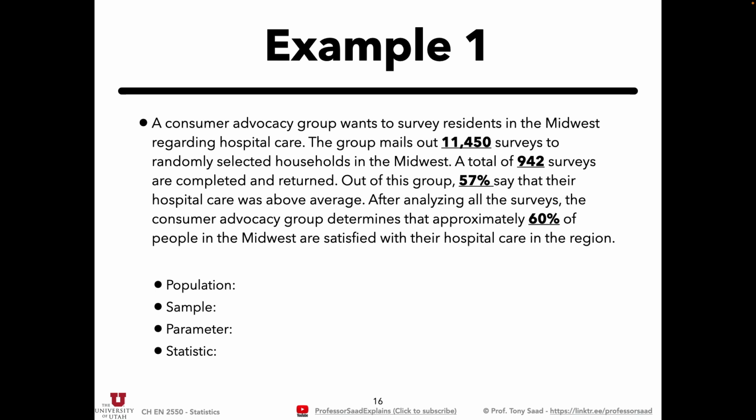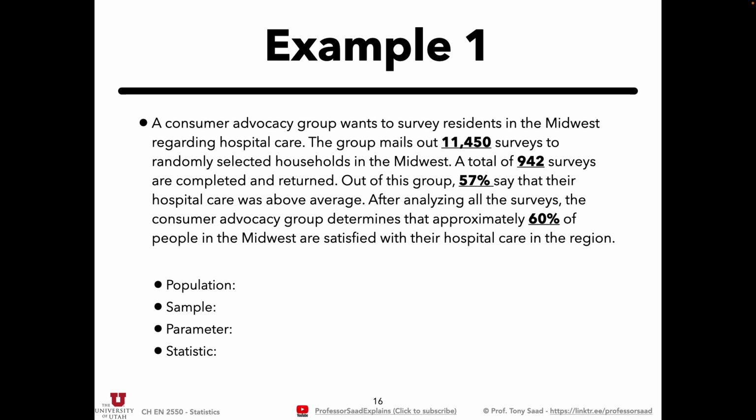Out of this group, 57% said that their hospital care was above average. Now, they did some analysis, and then the consumer advocacy group made a prediction and said that 60% of people in the Midwest are satisfied with their hospital care in the region.